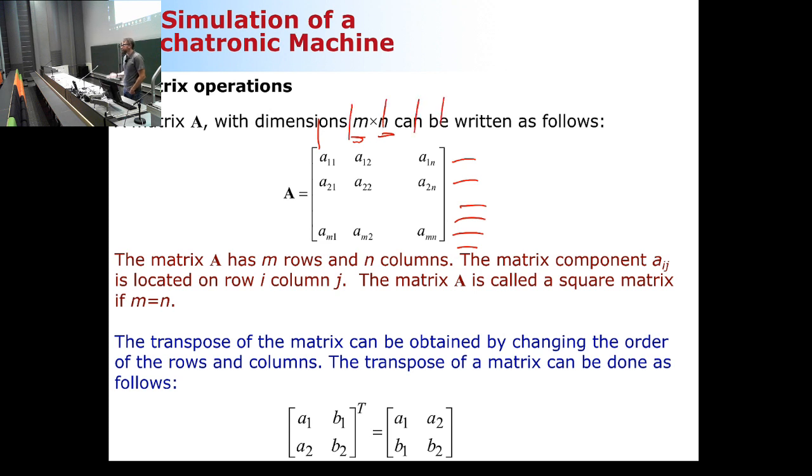Often we are dealing with square matrices, meaning that the number of rows and columns are equal. That's typically the matrix we are dealing with. One example of a square matrix is a rotation matrix, which will be explained to you today. The matrix consists of n multiplied by n components, located in different rows and columns correspondingly.